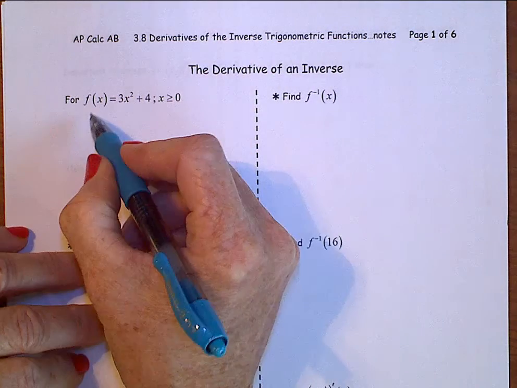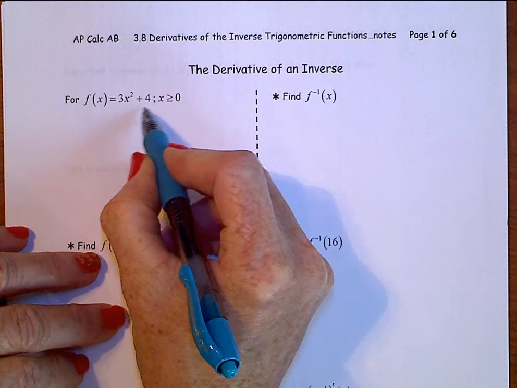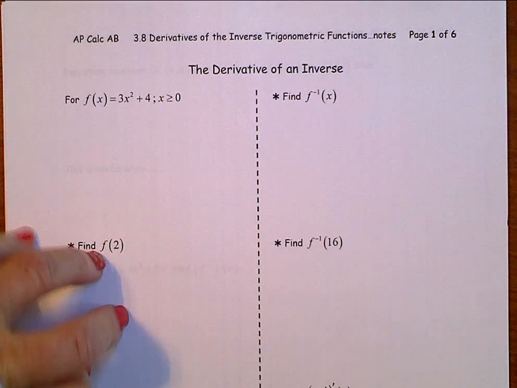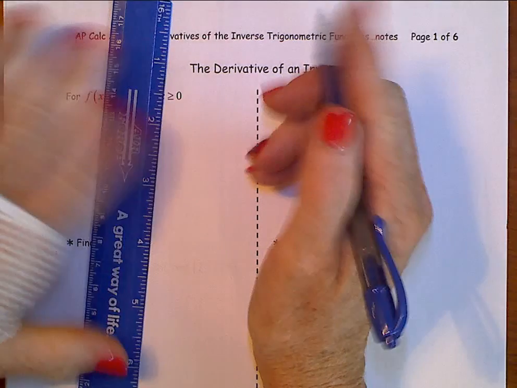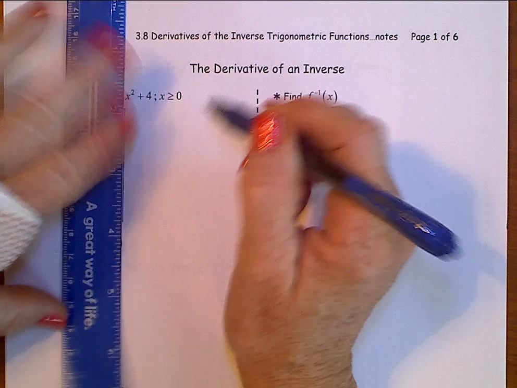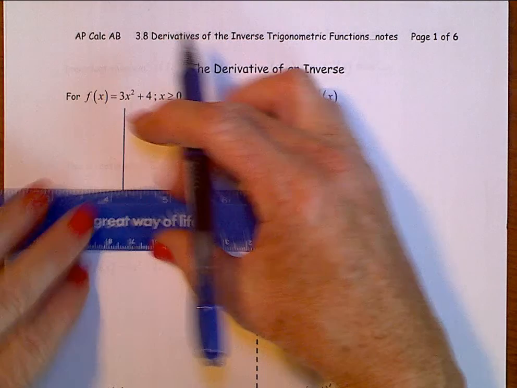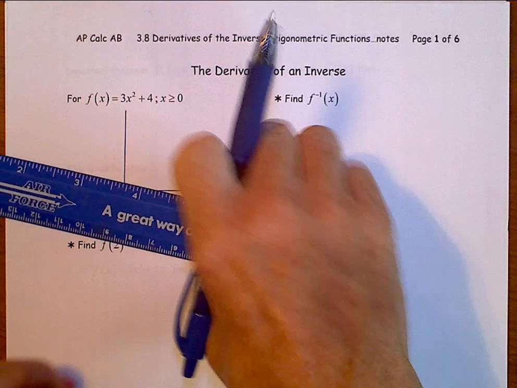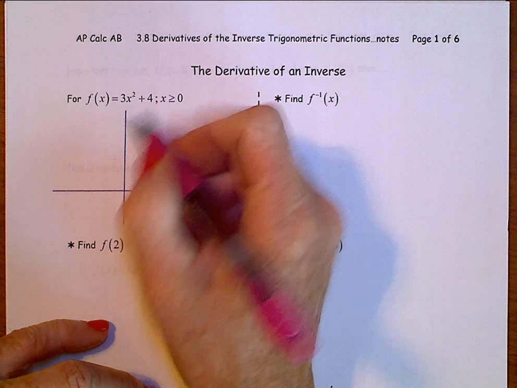So we're going to start right here with f of x is 3x squared plus 4 when x is greater than or equal to 0. Let's go ahead and sketch a graph. Shifted up 4 units.